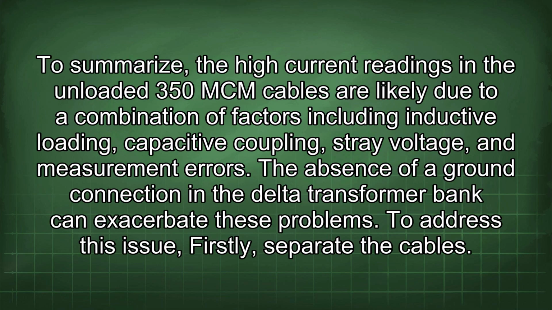To summarize, the high current readings in the unloaded 350 MCM cables are likely due to a combination of factors including inductive loading, capacitive coupling, stray voltage, and measurement errors. The absence of a ground connection in the delta transformer bank can exacerbate these problems. To address this issue, firstly, separate the cables.